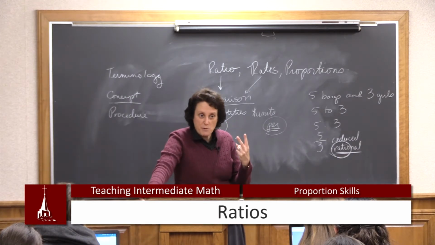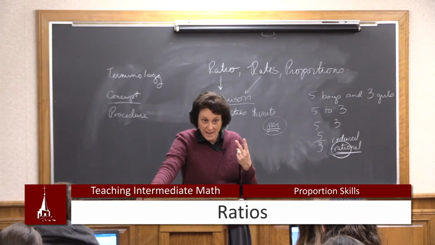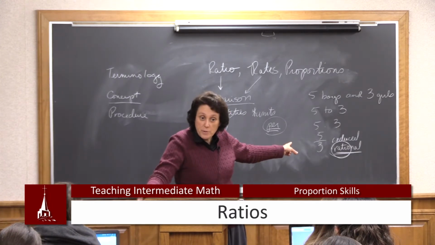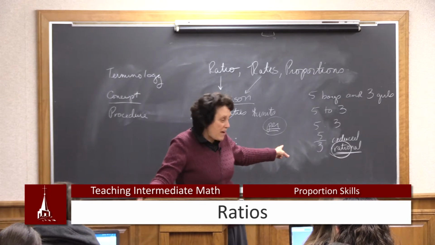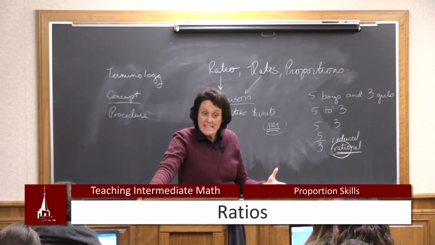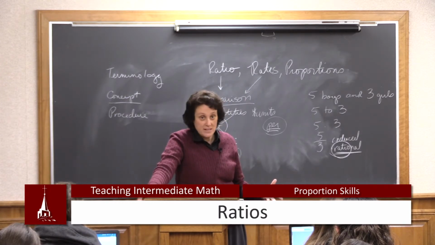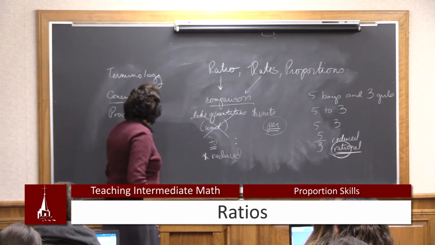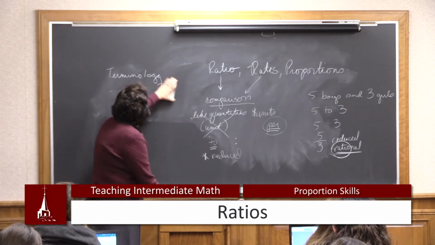There are 2 reasons we want to make a break from our fractional math. First of all, this idea of reduced rational form. A ratio is not a fraction, it is a ratio. It is a comparison. Yes, we reduce it, but not because it's a fraction. That's the first reason. And I'll show you the second reason real quick here.